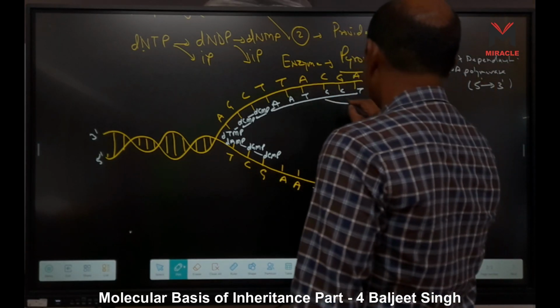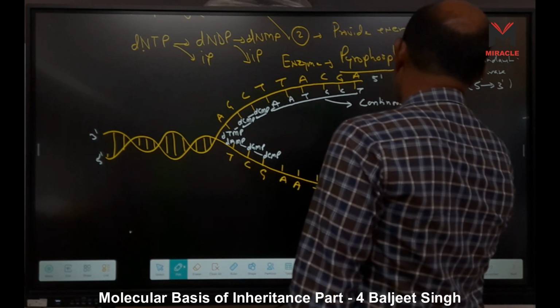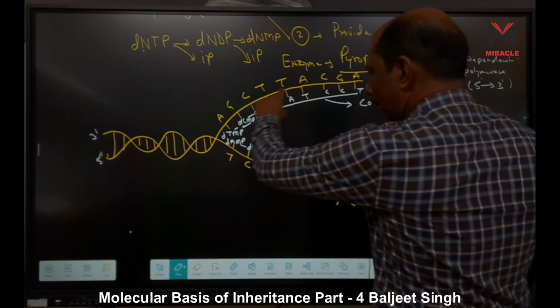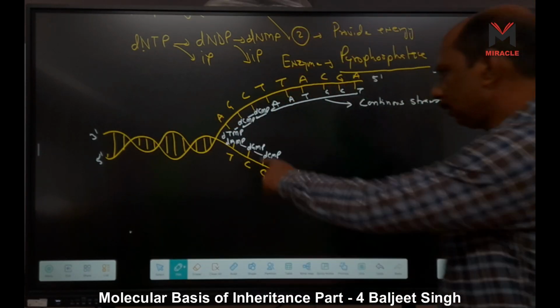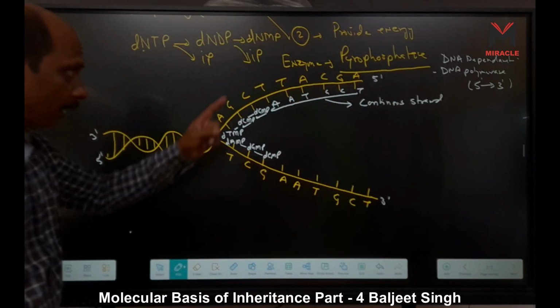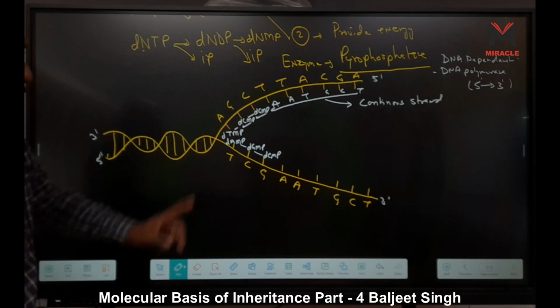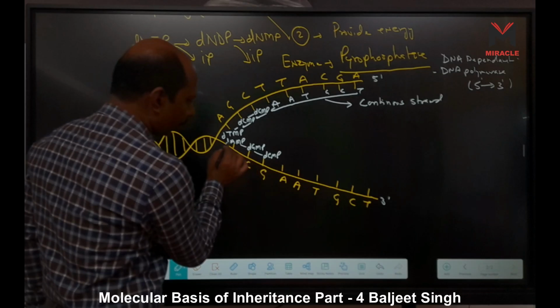Now on this side, it opens, and more and more monophosphates are formed, right? But in this case, what happens? Because the DNA dependent polymerase enzyme acts only in the 5' to 3' direction, it starts from that side.